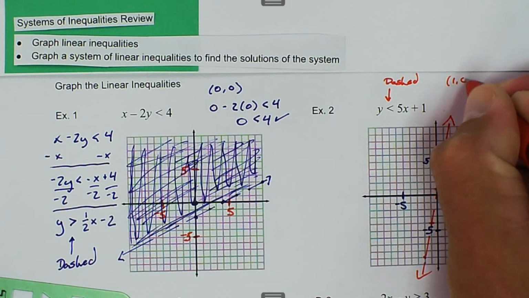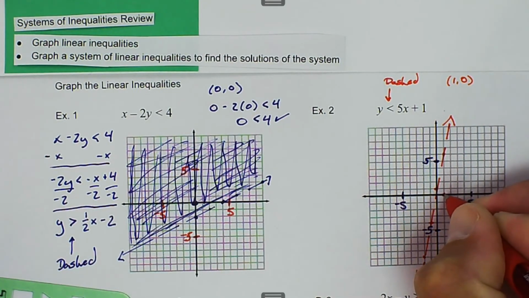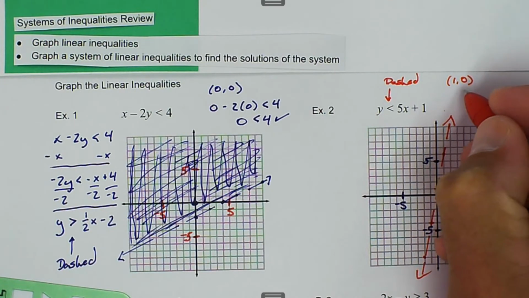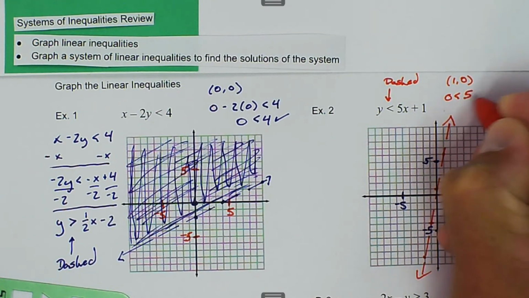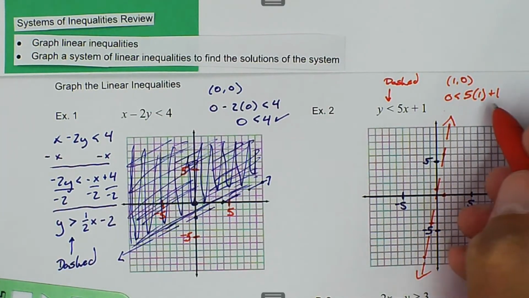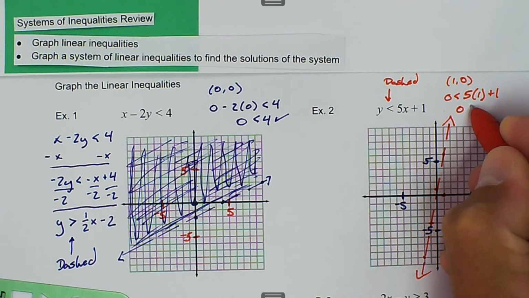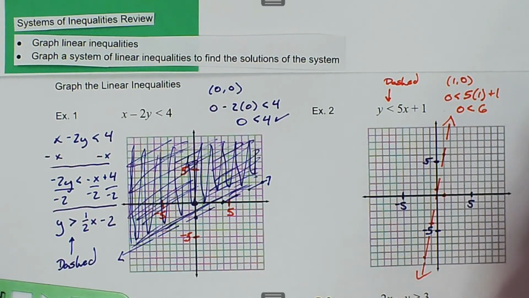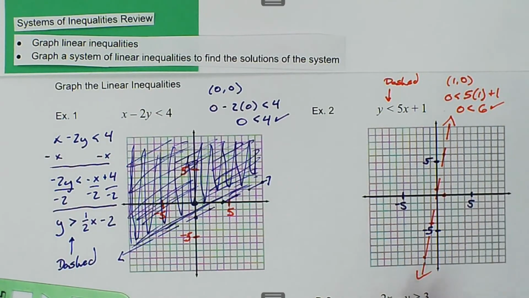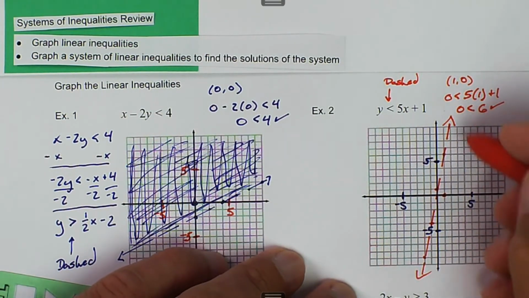So 1, 0, that's the point that I'm going to check, and I'll put a dot right there to remind myself where it is located. And so y is 0, is less than 5 times 1 plus 1. So in this case, 0 is less than 6. Is that true? In this case, yes, that is true. So we want to shade that side of the line.